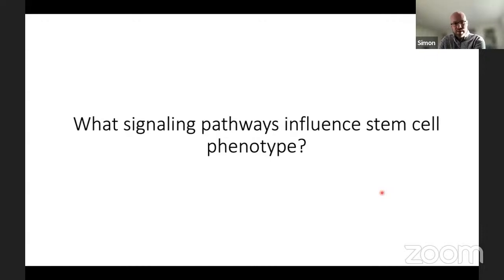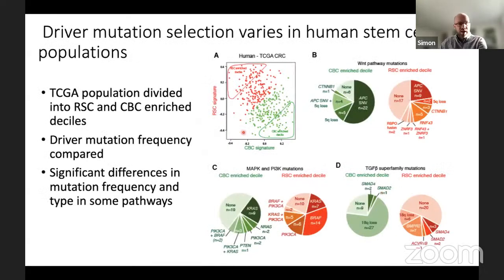So having defined these molecular phenotypes, it was really important to try and understand which signaling pathways influence that stem cell phenotype. And to do that, we lined the TCGA tumors up. I'm sure many of you will be familiar with this. It's several hundred colorectal cancers with full genomic information. And we lined those tumors up along this spectrum here.